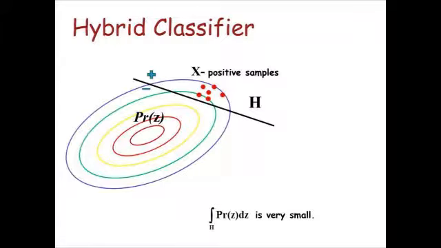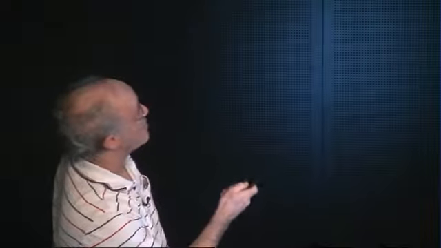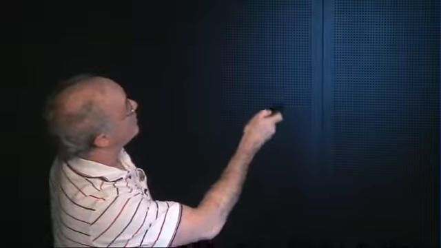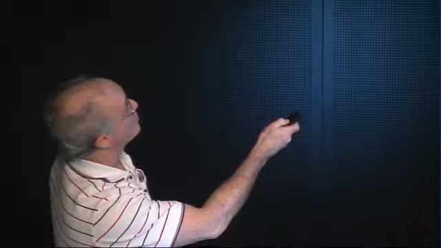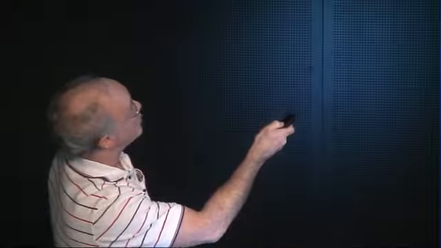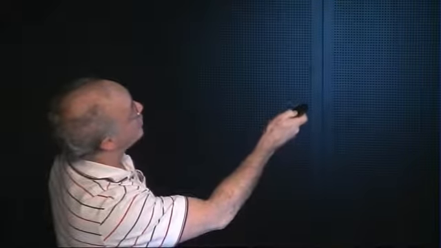So here's another schematic example. Suppose that Z represents the background, and assume for a while that it's a Gaussian. And this is your hyperplane. You try to put the positive examples here, but you want to leave as small a probability as possible on this side.